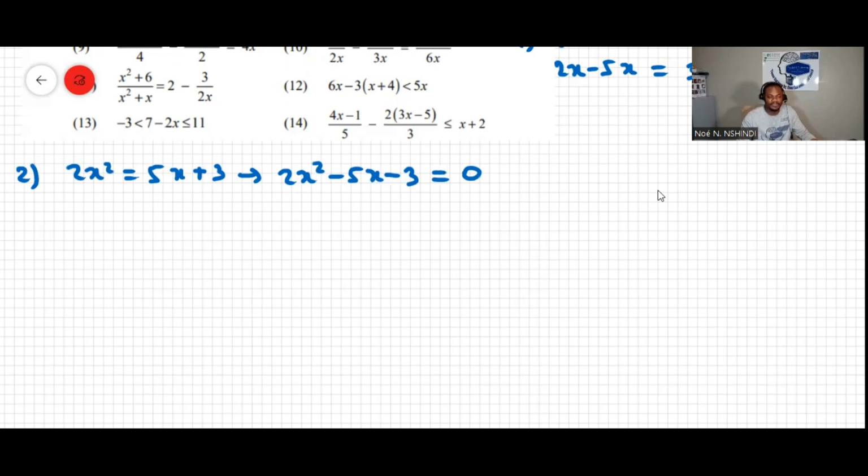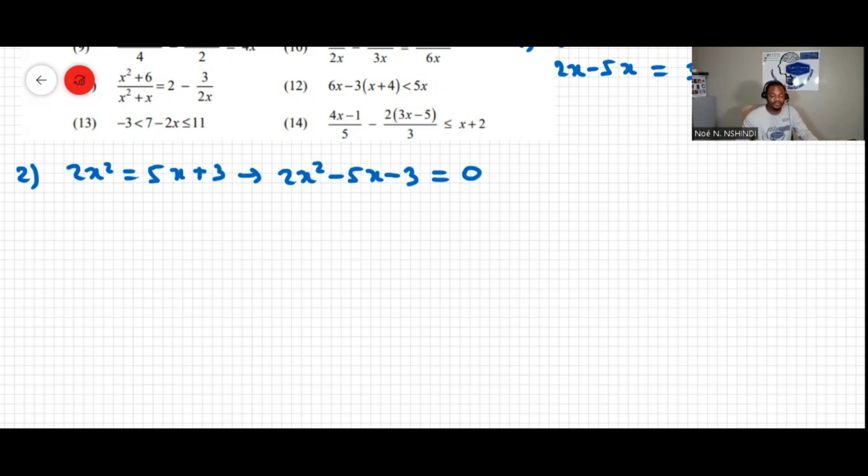Remember in the first chapter, when we were doing algebraic expressions, we did lots of quadratic trinomial exercises. We also have a whole playlist dedicated to factorizations. So over here we're going to factorize.